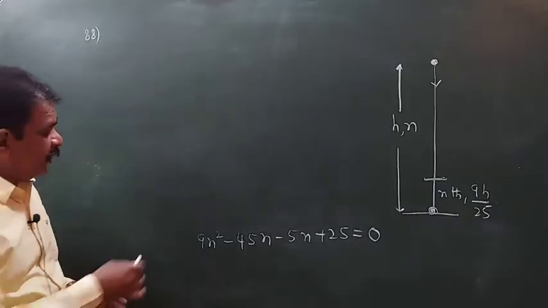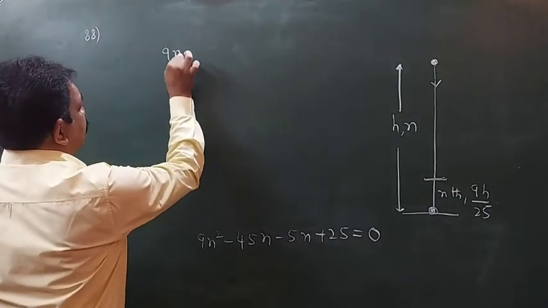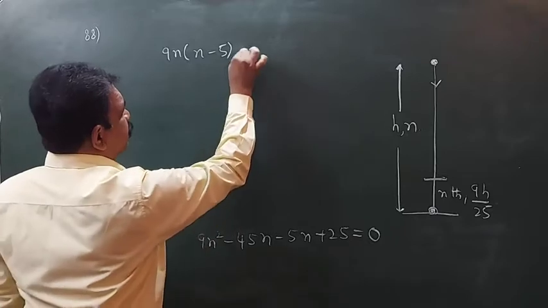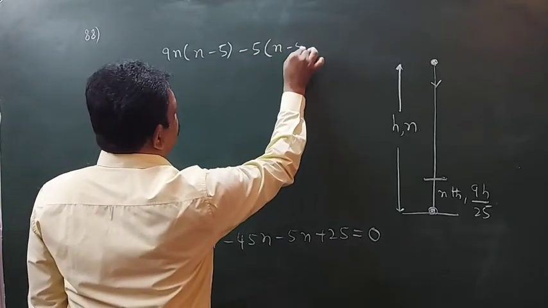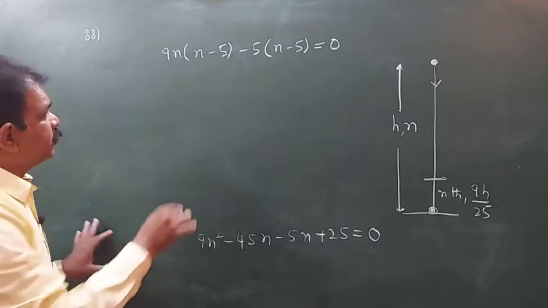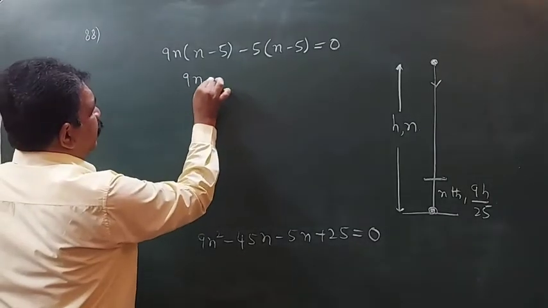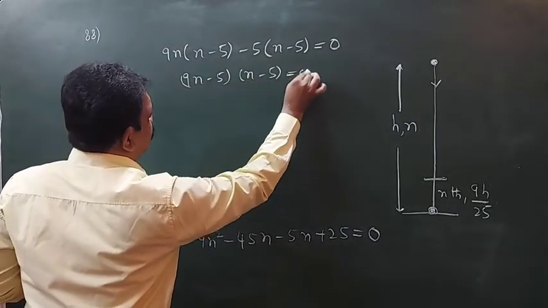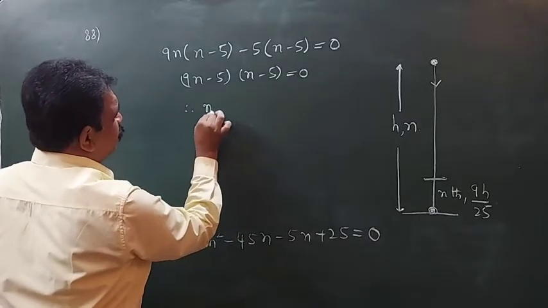So take 9n common here, minus 5 you take common, n minus 5 is equal to 0. So (9n minus 5) into (n minus 5) is equal to 0.